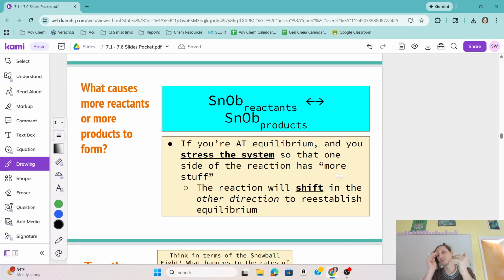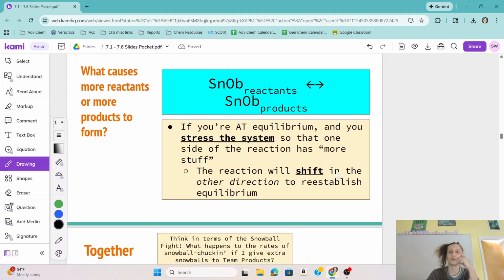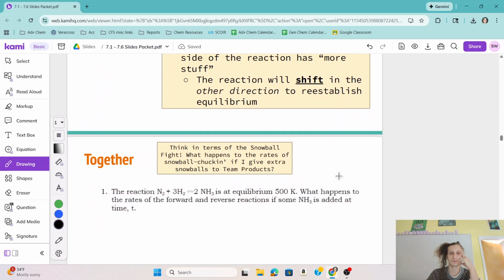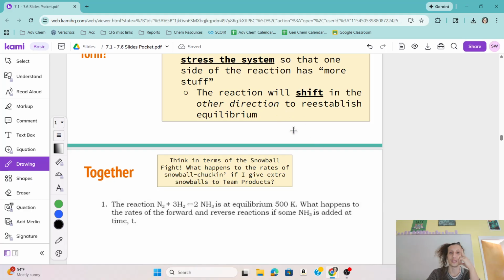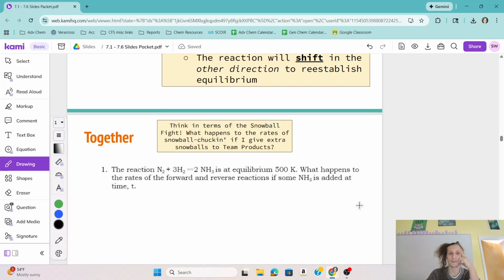So that means moving in the opposite direction, so favoring the opposite direction's reaction until you reestablish equilibrium. So imagine we had reached equilibrium in the snowball fight, and then I suddenly give a bunch more extra snowballs to one team. Well, those are going to get used up. Those are going to go to the opposing side to reestablish that equilibrium.